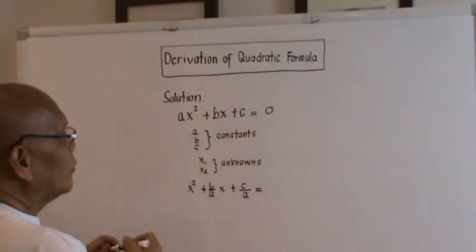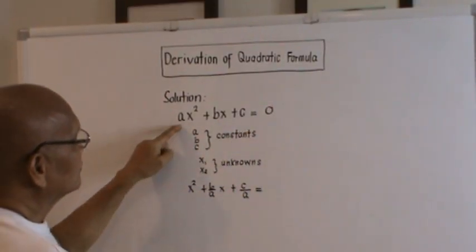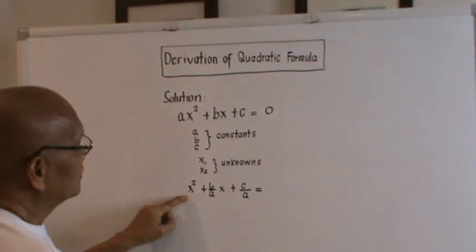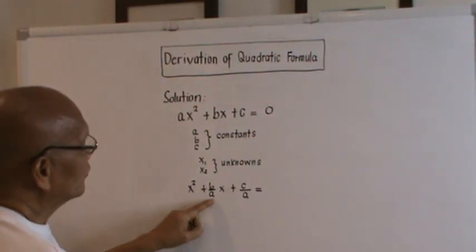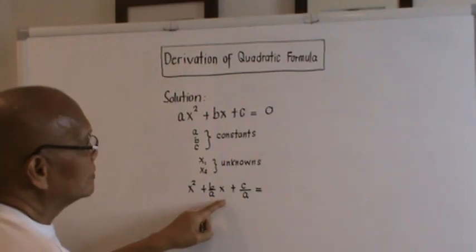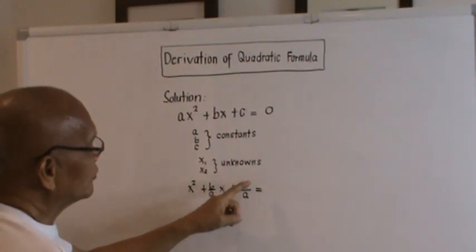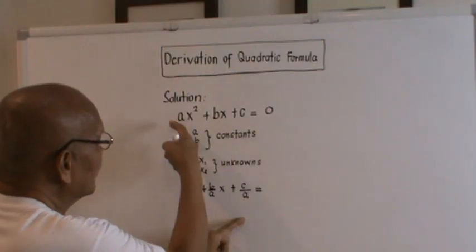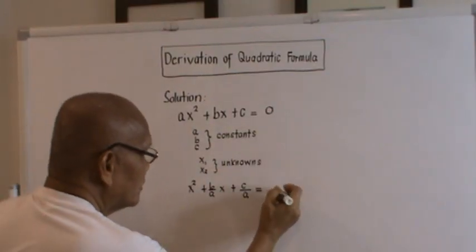We divide it all by a. So the first one will become x squared, the second one will be b over a x, the third one will be c over a. And for the right hand side, 0 over a will still be 0.